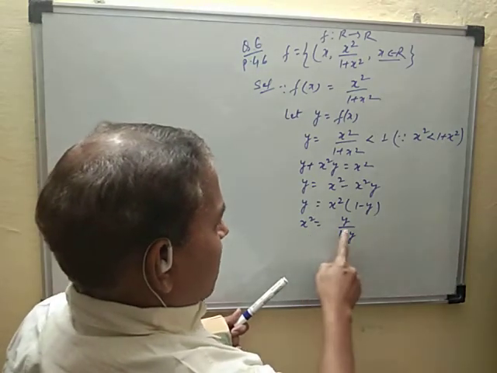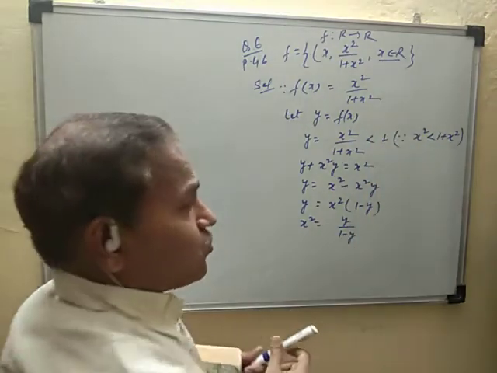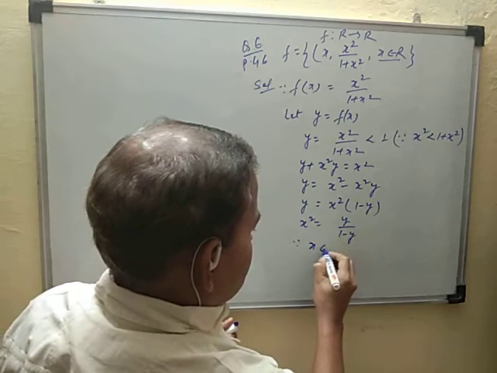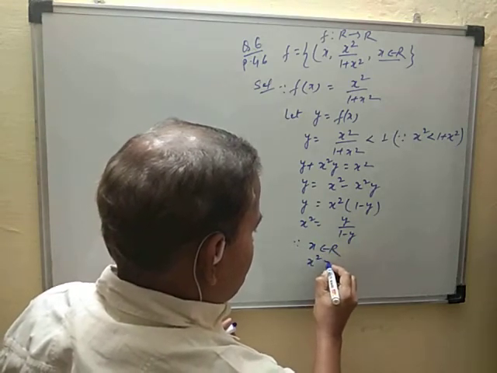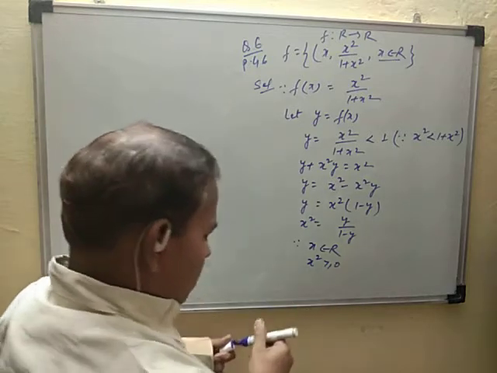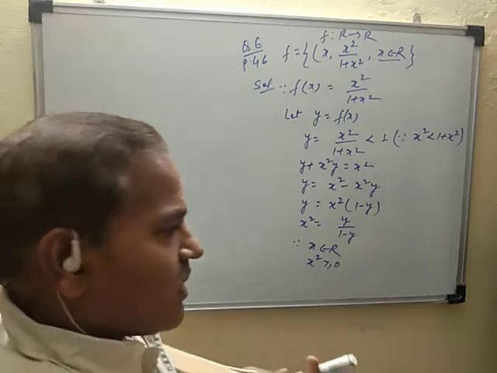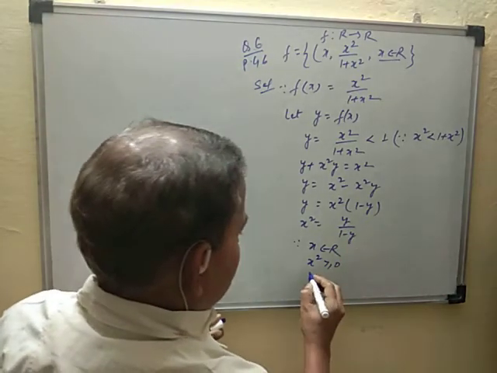Here x square is equal to this, and what is x? x belongs to R. Since x belongs to R, its square is always greater than or equal to 0. And what is the value of x square? y upon 1 minus y.